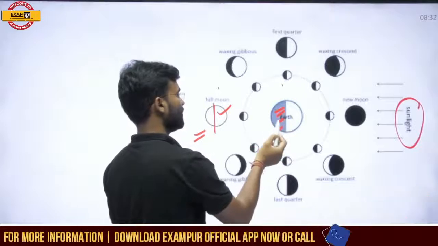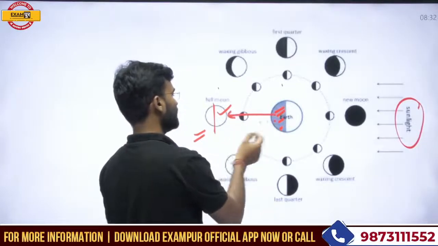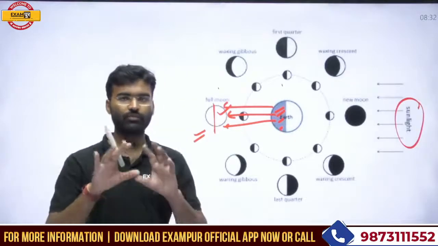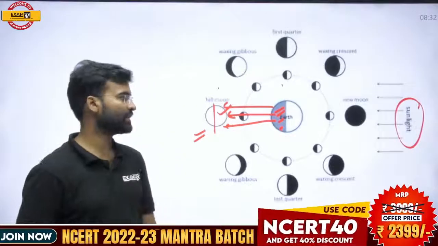During the night from the Earth, you can easily see this brighter section, and that is why the full moon appears on the Earth's surface.